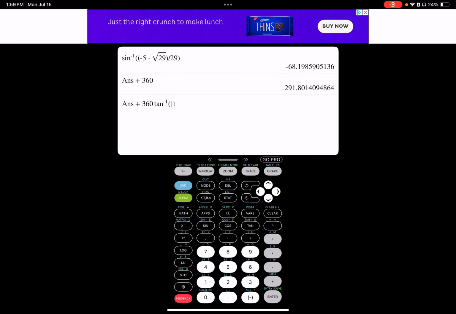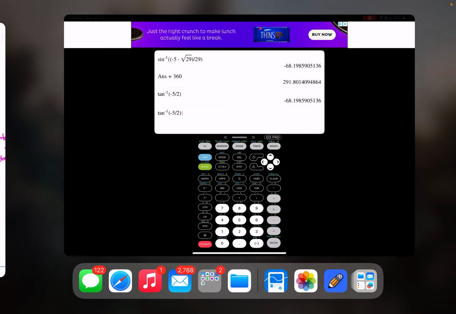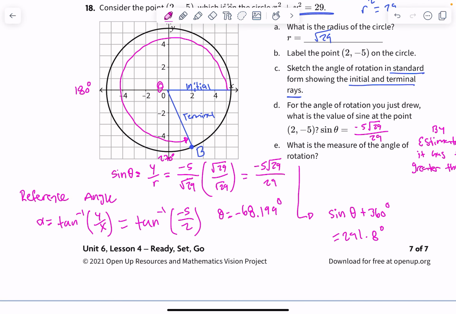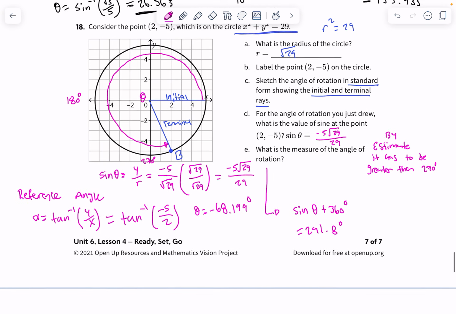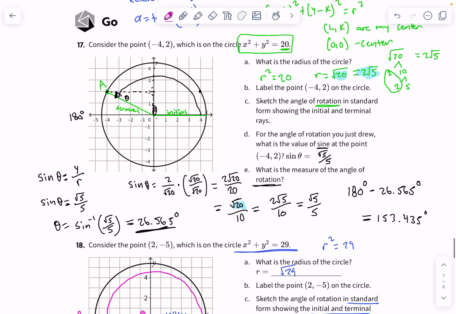Tan inverse of negative 5 over 2 is negative 68, right? So we do get negative 68. Same concept, right? You have to add 360 degrees to make it positive. In the previous one, we didn't have to add anything because our angle was positive, but we had to subtract it from 180 degrees to figure out what this entire thing was.